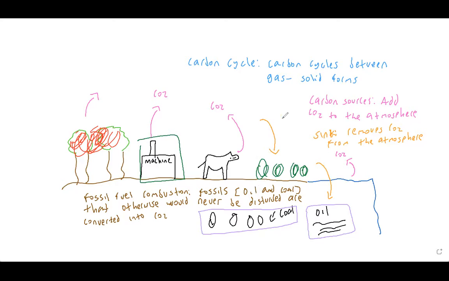Now you might be asking, well, what is the impact of me on the environment? And there is a measurement for that called an ecological footprint. What it is, it's a test.